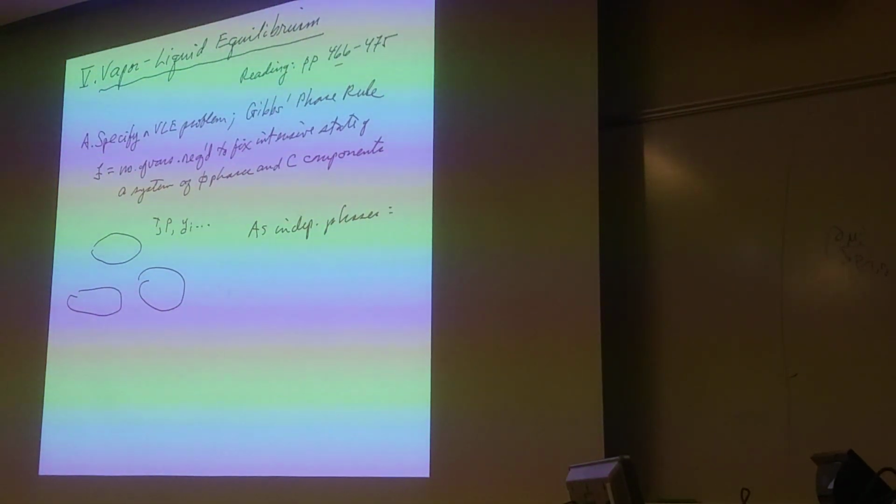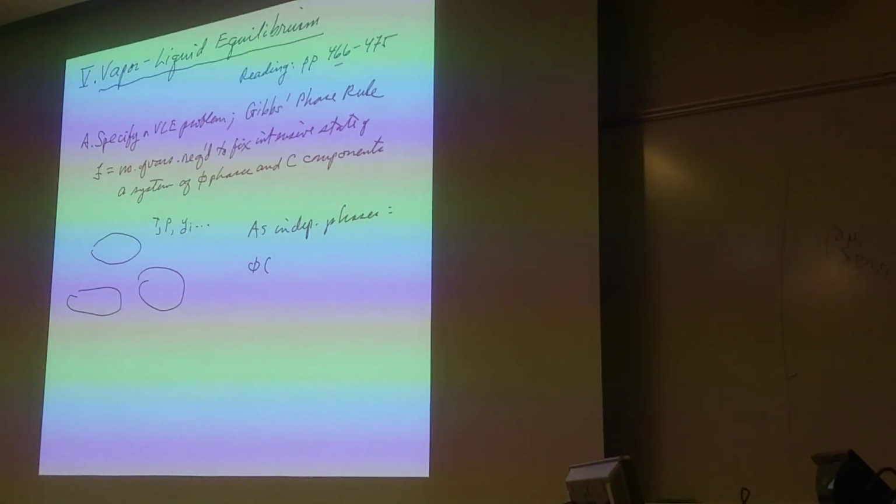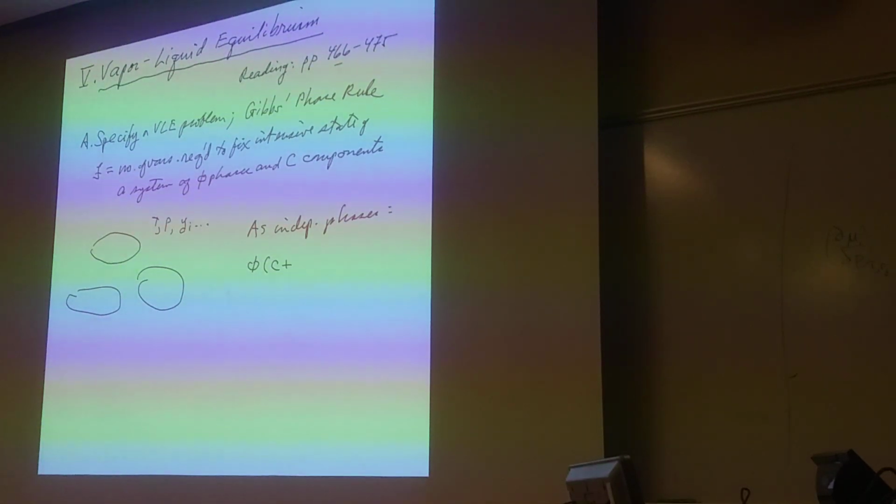So as independent phases, we require, then what is it going to be here? I have C minus one mole fractions plus a temperature in each and a pressure in each, so I'm going to require a total of P times (C + 1). That makes sense?